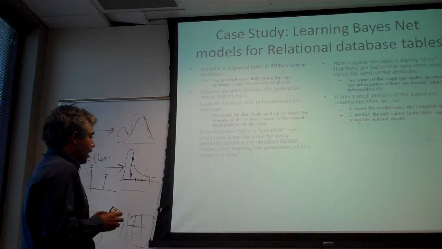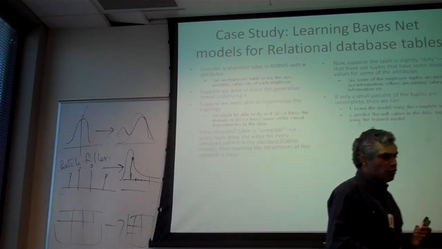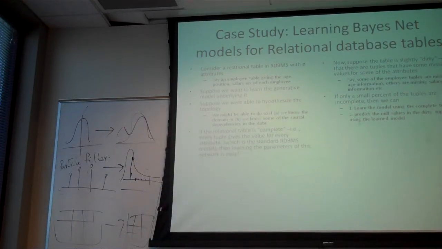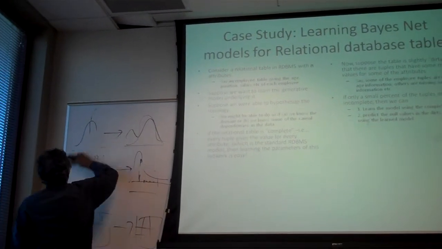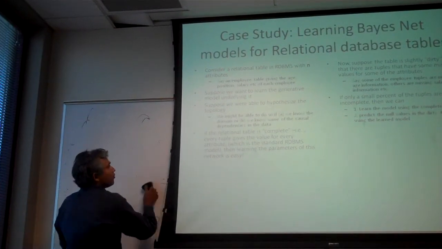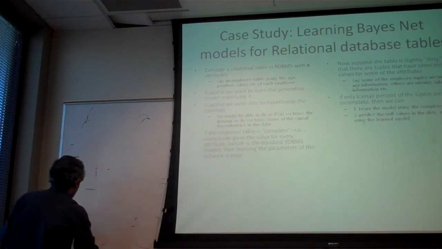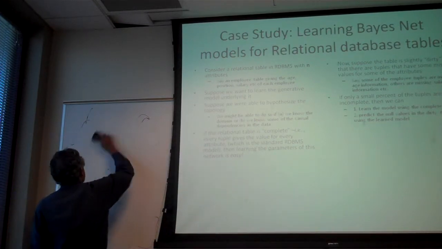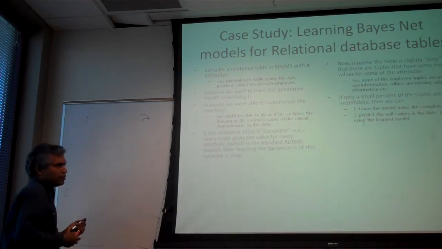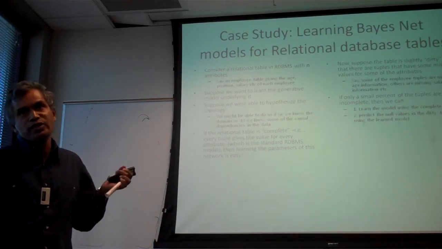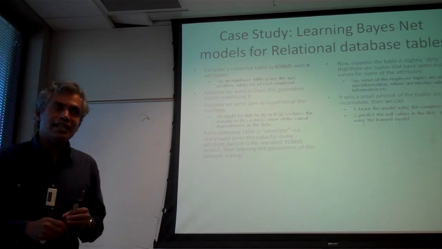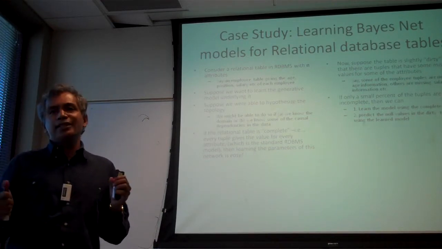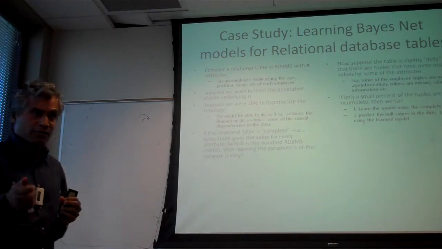By the way, while we are talking about this, how do we know whether we learned a good model or not in these kinds of scenarios? How do I know that my model is reasonable? After all, we are just using ML, maximum likelihood, whatever it said, we are doing it. The question is, is it doing the reasonable thing for your data?